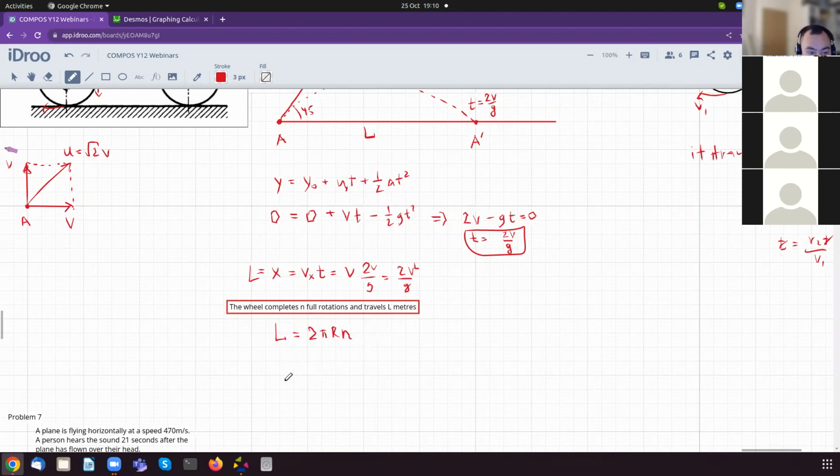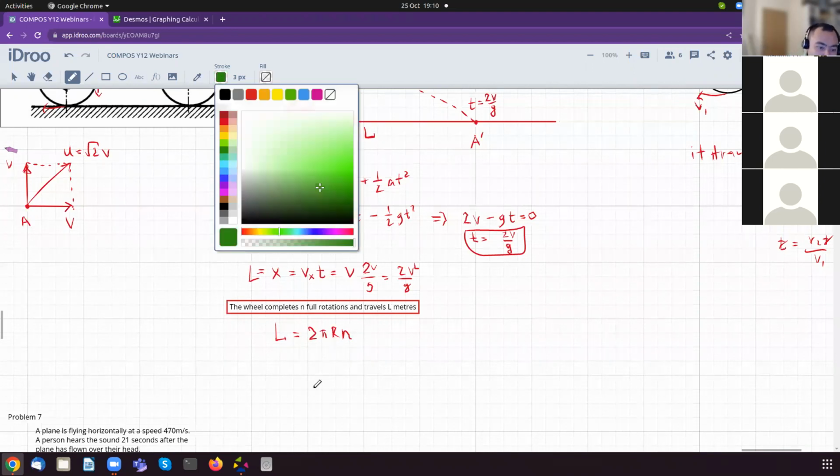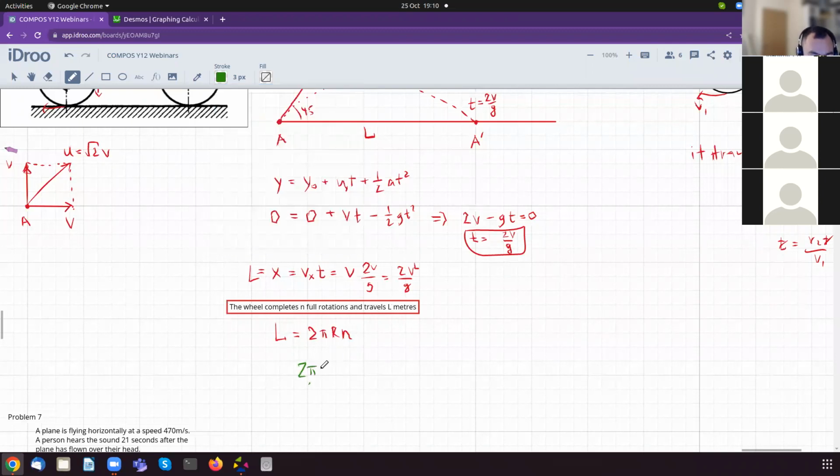Therefore, we can equate that: 2 pi r n must be equal to 2v squared divided by g. The 2 cancels, and we have v equal to the square root of pi r n g. That is the speed necessary for the wheel.